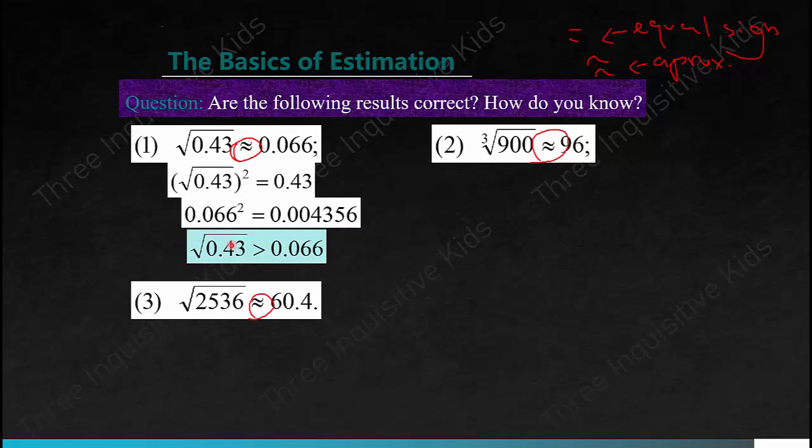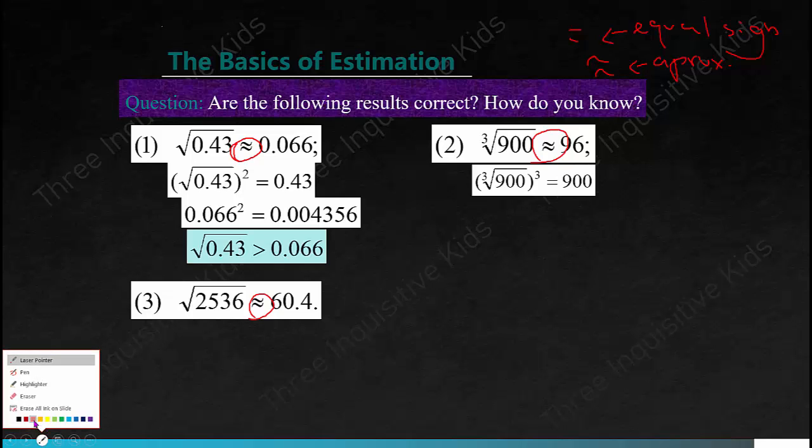So actually, this is greater than 0.066, which means it's false. If I look at this one, I'm going to be cubing. It's interesting because we already know that cubes and cube roots are inverse operations, which makes them cancel out.